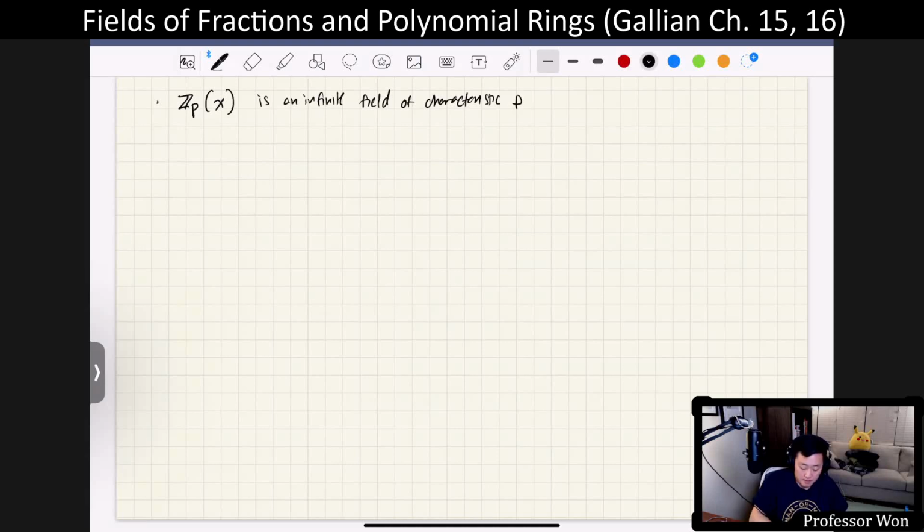Okay, and then if we take Z[x] as our ring, then the field of fractions of Z[x] is just all rational functions where the numerator and the denominator are integer polynomials.